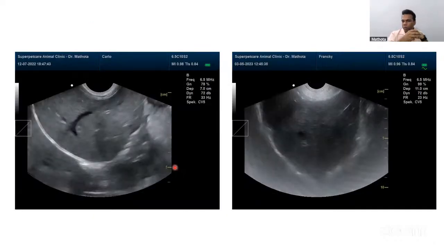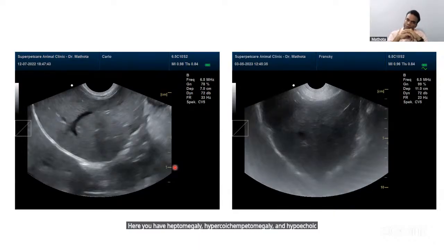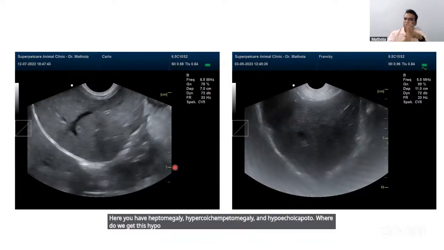Here you have hyperechoic hepatomegaly and hypoechoic hepatomegaly. Where do we get this hyperechoic hepatomegaly? In hyperechoic hepatomegaly, most of the time you will get fatty changes.